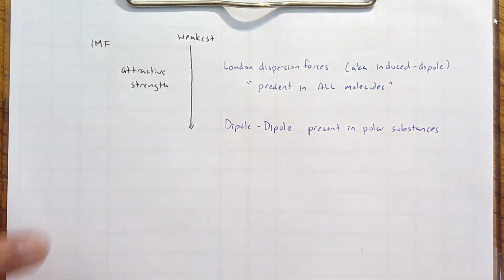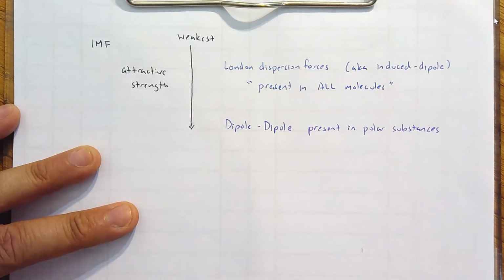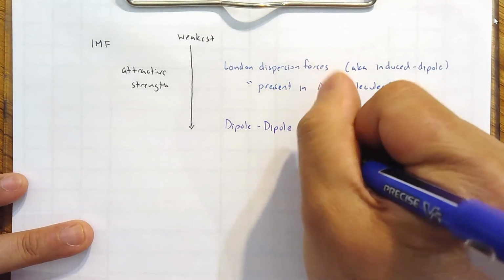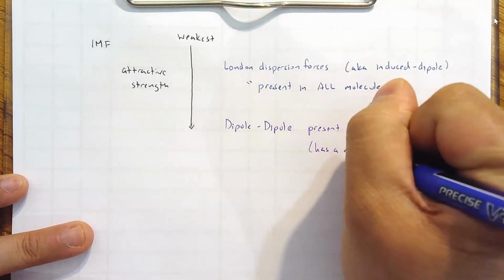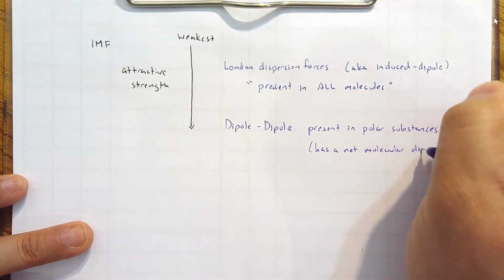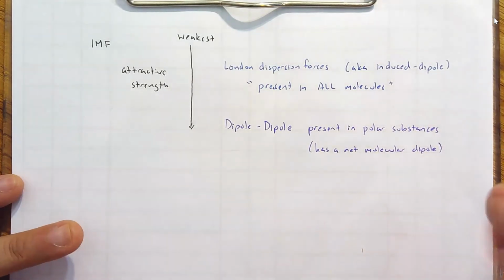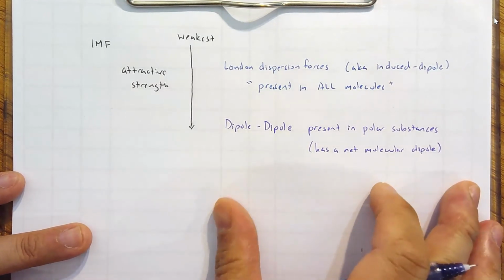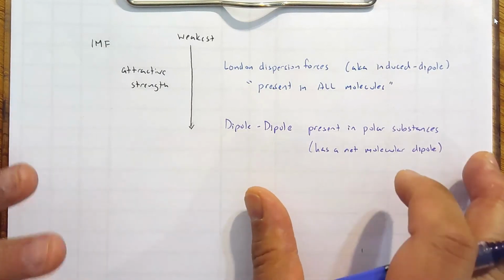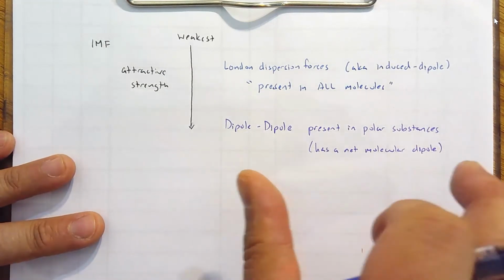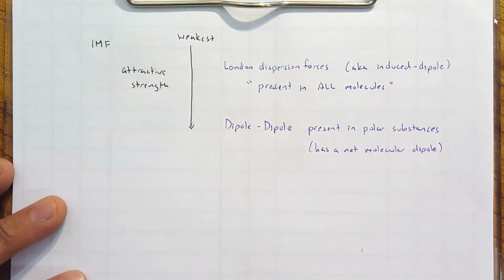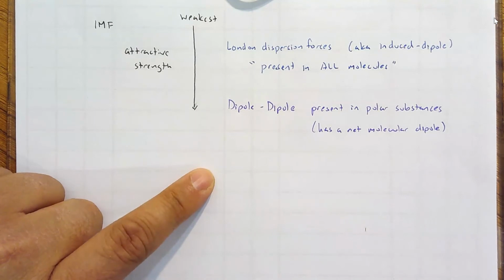Polar substances, the definition in general chemistry, is that the molecule has a net molecular dipole. You're going to want to know geometry, and I promise you we'll go over some examples in the next video showing what is a polar substance and what is a nonpolar substance. But right now I just want to talk about the attractive forces.